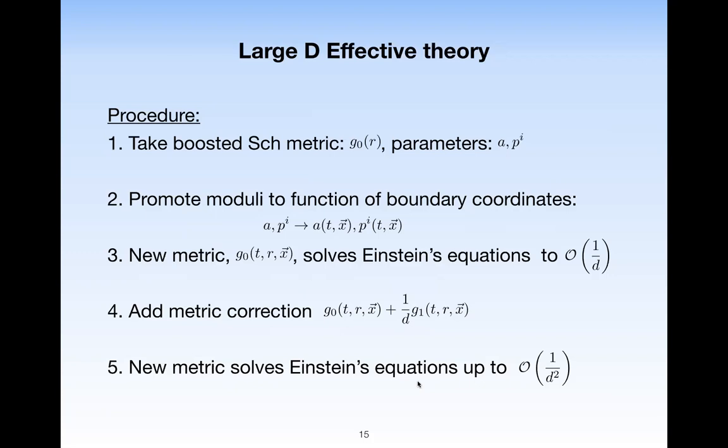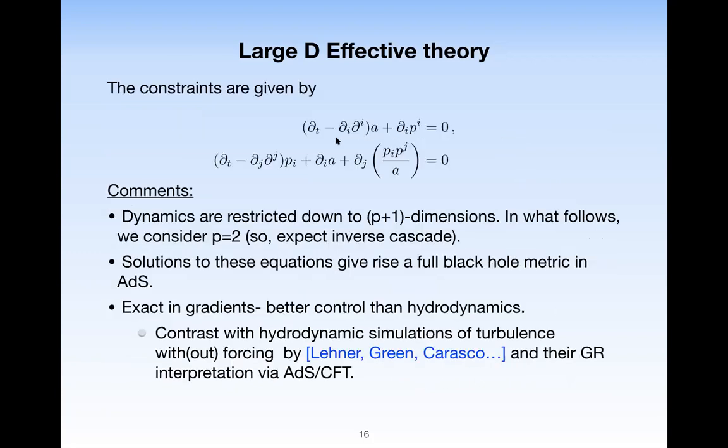And this is precisely what we get: two equations, one for the time evolution of the energy density, alpha, and one for the time evolution of the momentum, p. These equations look very much like Navier-Stokes, but they're not Navier-Stokes.